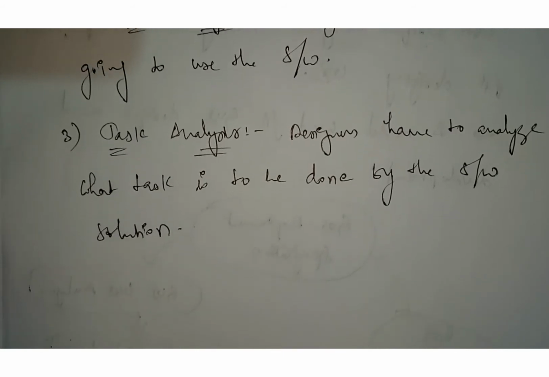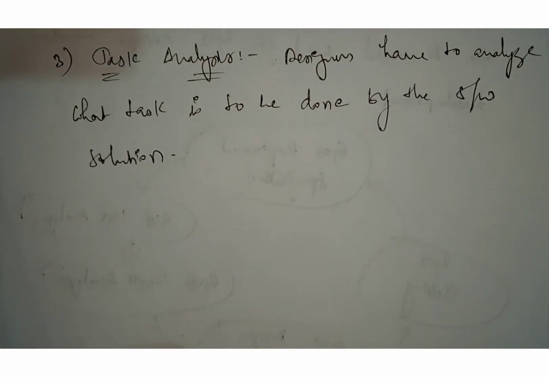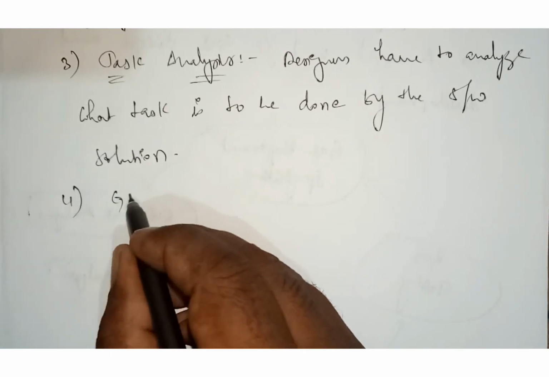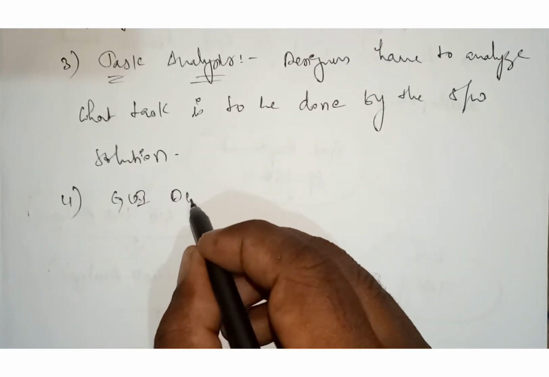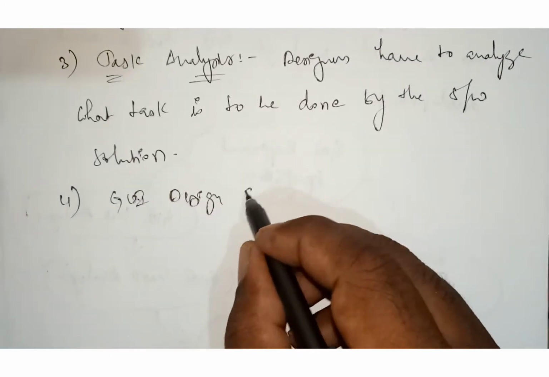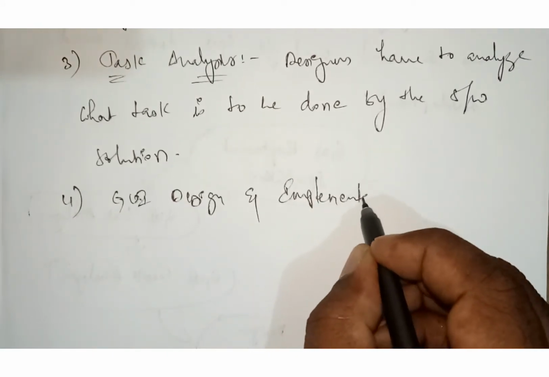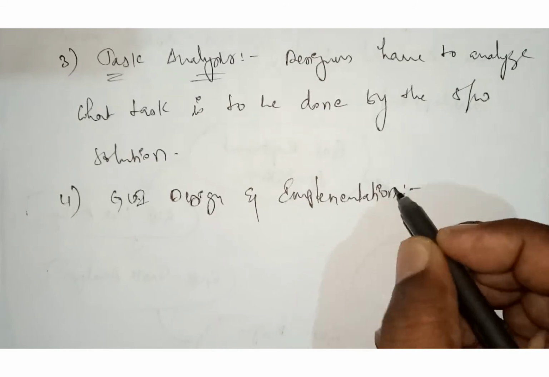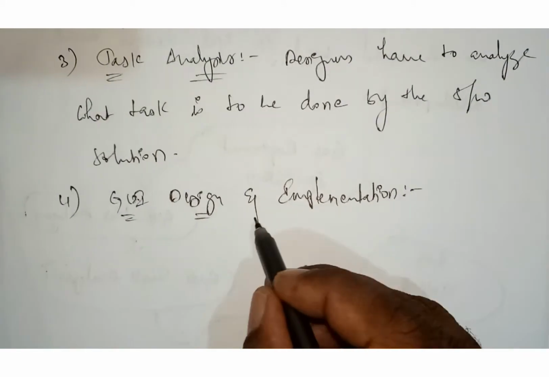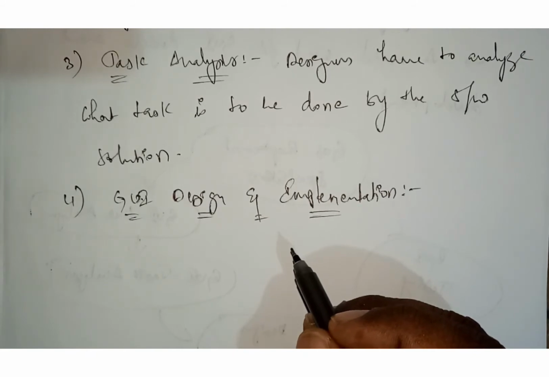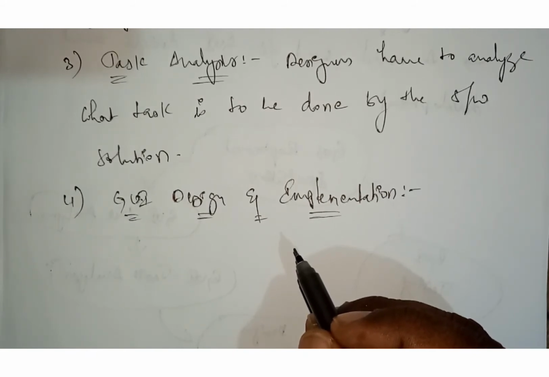And next one is GUI design and implementation. After having all the information about the requirements, the actual design starts here.